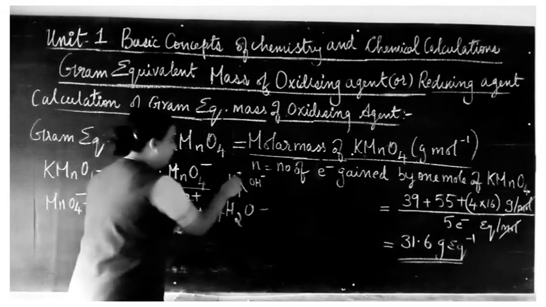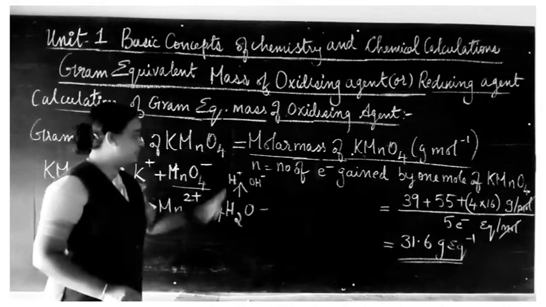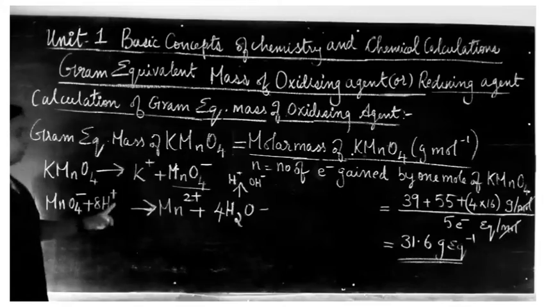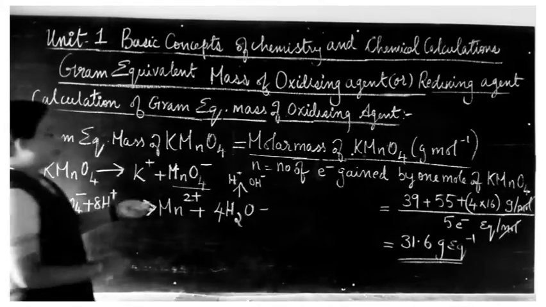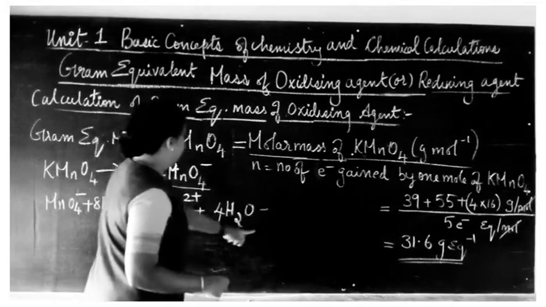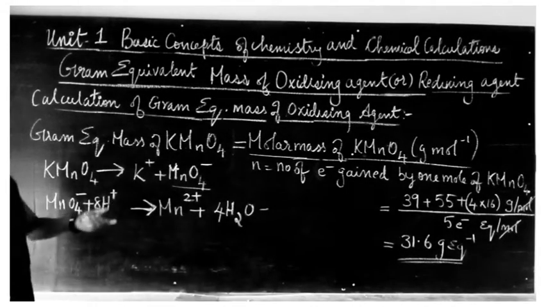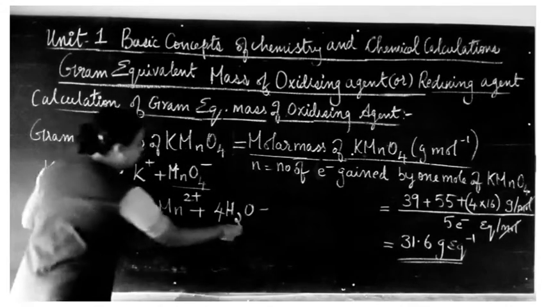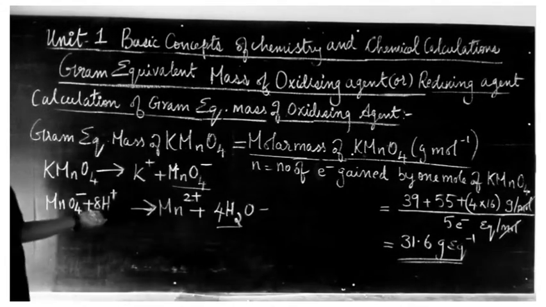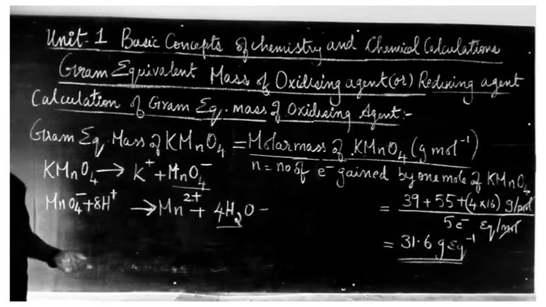When we consider only the positively charged protons, 8H plus ions are there, so you just write 8H plus over here. You need not bother about all these things.